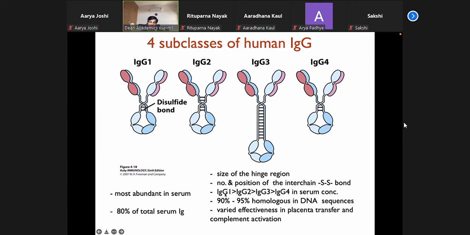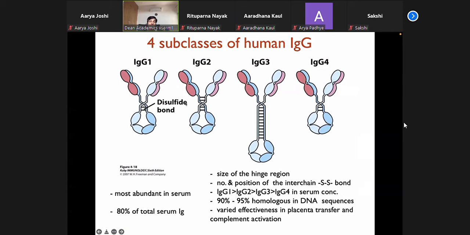Even in one individual you can find all these isotypes, but if you calculate the relative concentrations in serum, IgG1 is the most predominant, then you have IgG2, 3, 4, right?